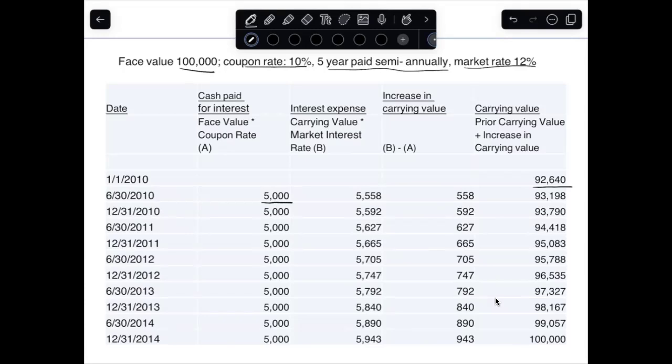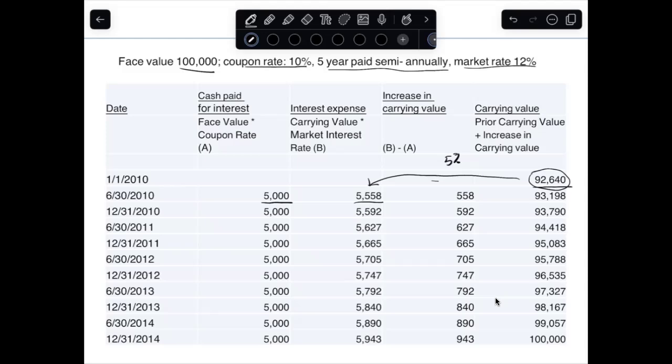But actually, how much of that money is for the interest generated? We should use the carrying amount times the 5% per period. That's actually the interest generated, equal to that much.